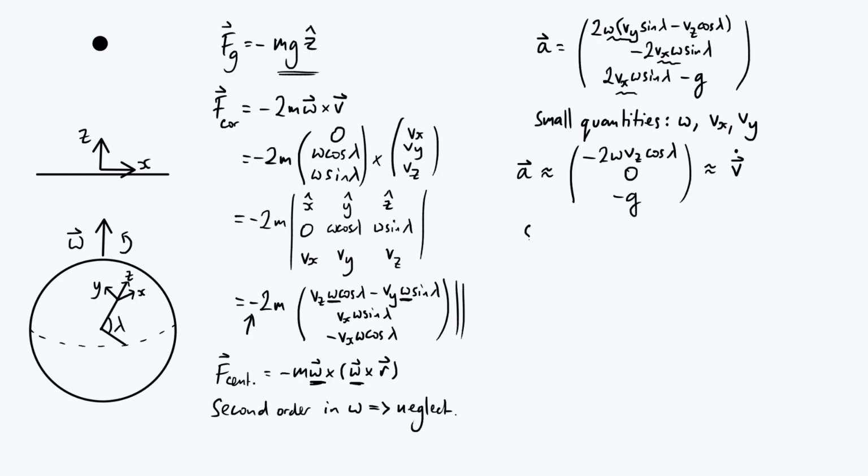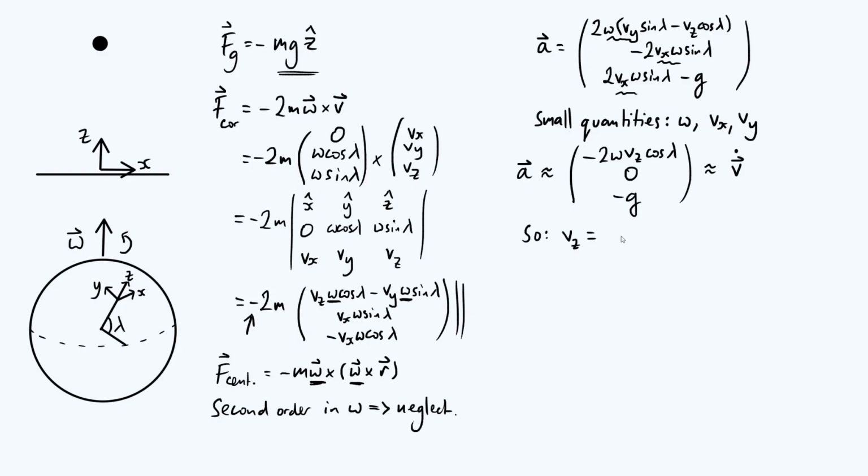So how do we integrate this acceleration vector? Well, it's pretty easy to integrate the z component because we've just got a constant there. If we just integrate that with respect to time, we just get minus gt, right? And so the z component of the velocity is just going to be, let me just use normal equal signs, we can just remember that we've done an approximation.